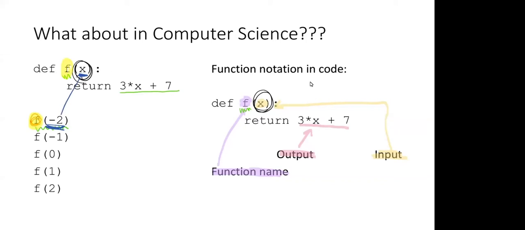So instead of running this function with our input x, our x is going to be -2. So we're running the function where x is -2, and it should return 3 times x, which is currently -2, plus 7. So this is -6 plus 7, which is 1.